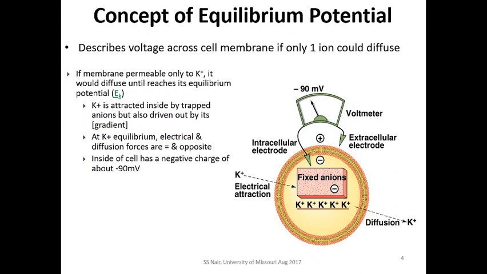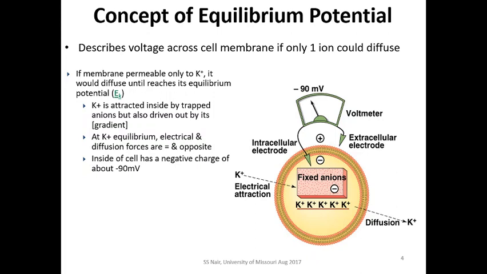So across the cell membrane, there will be a concentration gradient, meaning in this particular case, you have a lot more potassium ions inside than outside. The concentration of potassium ions is larger inside than outside.